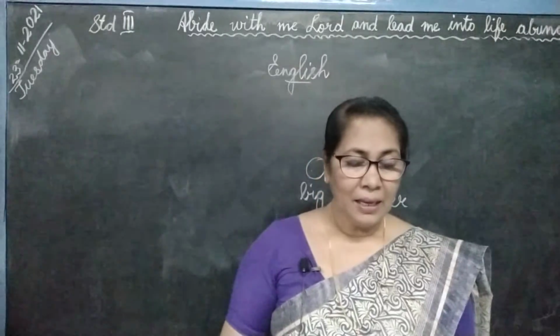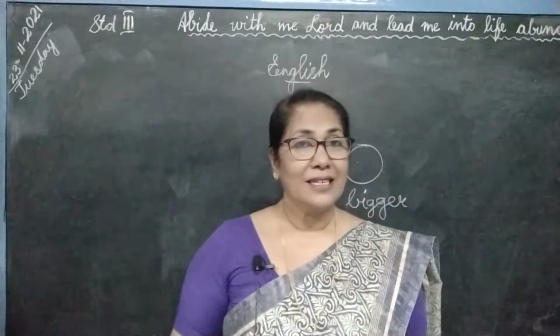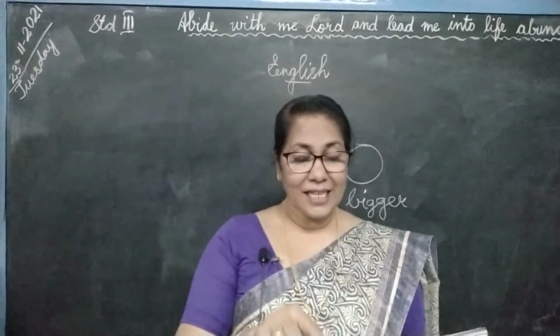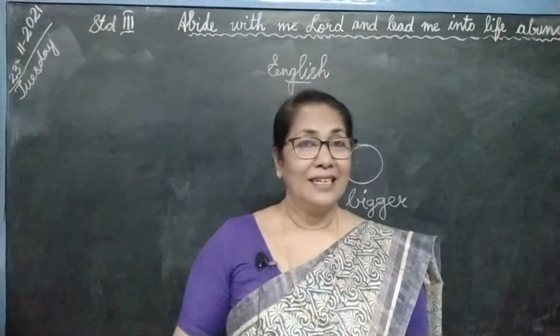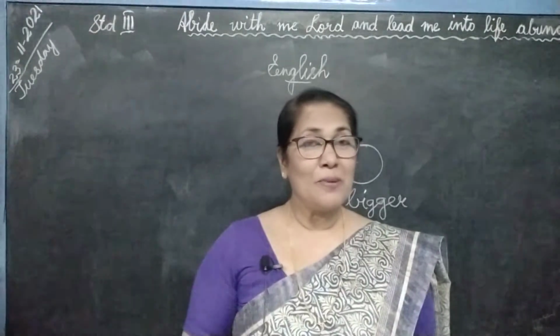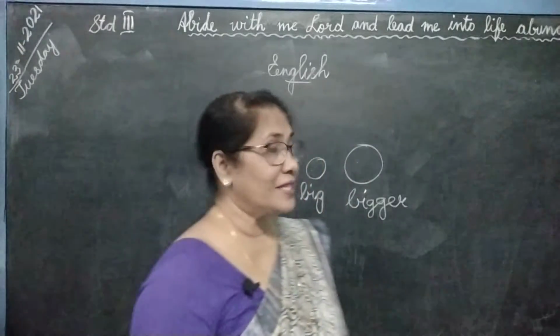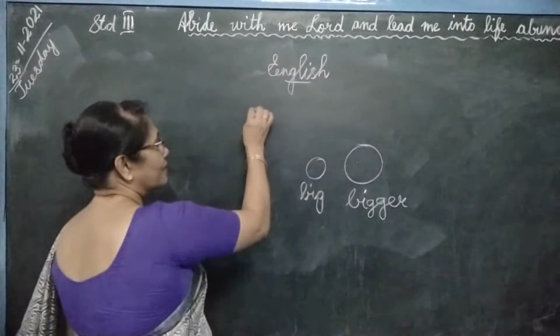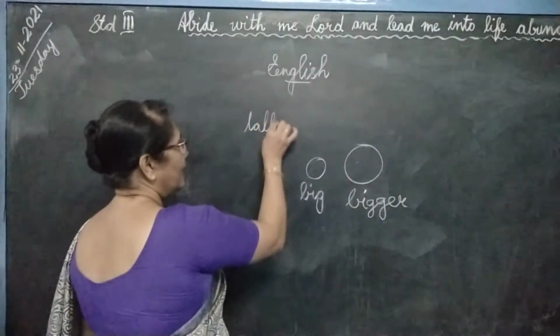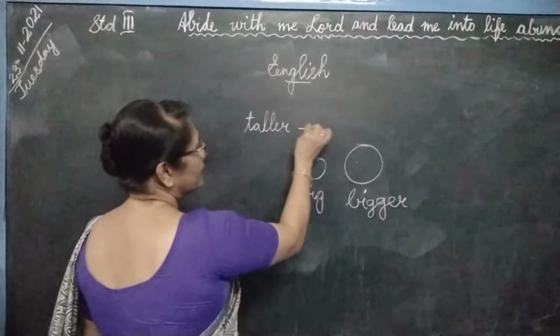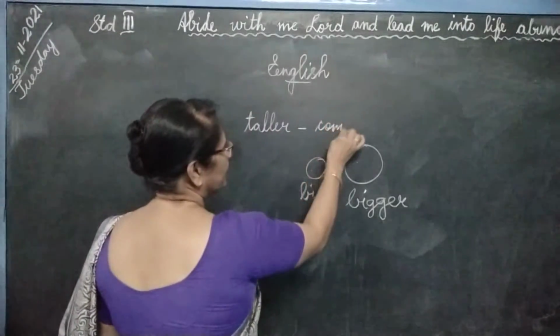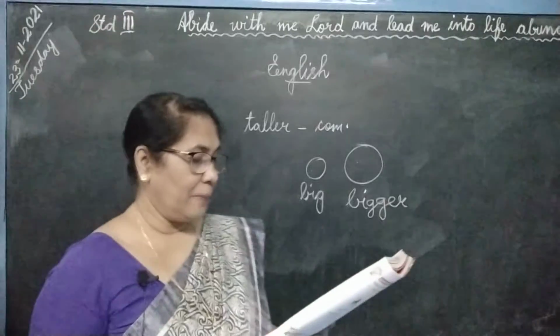Right. My father is dash than my mother. We are only comparing two people. So what do we use? Yes, we use taller. T-A-L-L-E-R. Taller. This is the comparative degree.